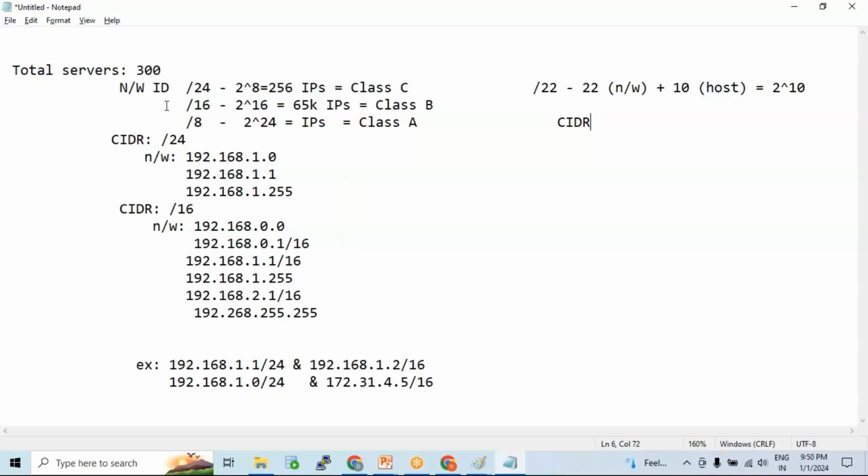Based on the requirement, like how many servers we have and how many servers we want to keep in one single network, we usually take a decision: do we go with class A, class B, class C, or classless, like slash 22? In general, in real time, which class will we mostly be using?